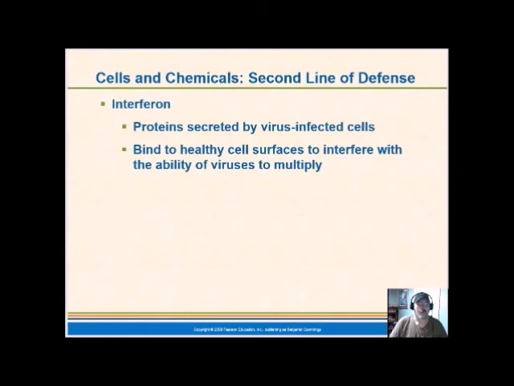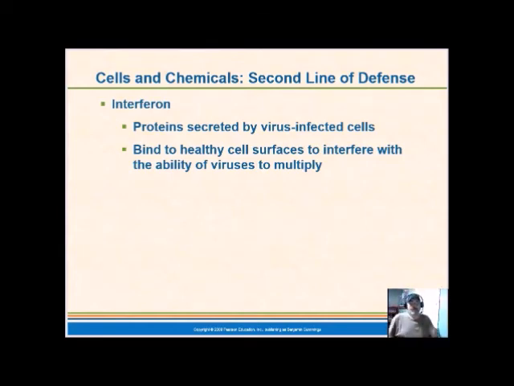Now, interferon is produced by virus-infected cells, and it is a messenger that is sent out by the infected cells to notify adjacent cells that there has been an attack. Those adjacent cells can take action which will prevent them from getting invaded by the virus.